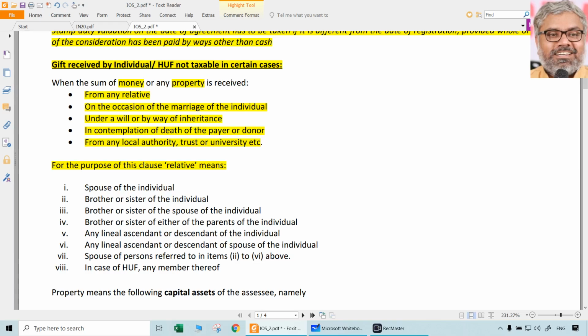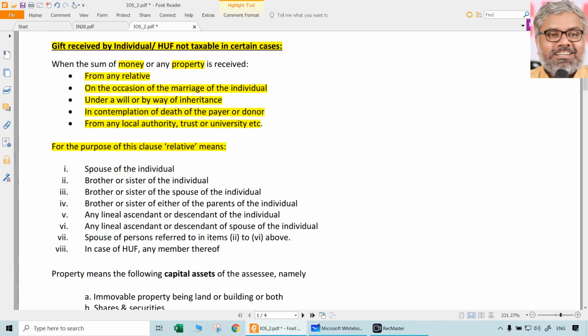So who are relatives as far as this section is concerned, which means if a gift is received from any one of these people, then nothing is taxable in the hands of the recipient. For the payer anyway, there is no tax implication, we already know that. We are only talking about the recipient here. So for the recipient also there will not be any tax implication, but you have to understand the payer should be a relative of the recipient.